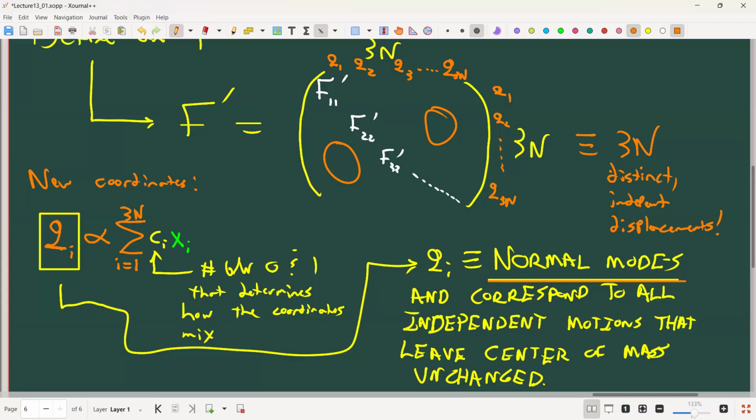Okay, so what we've done now is we've constructed an independent, like collective set of motions that all combine that lead to a potential energy that just looks like an independent sum of diatomic molecules of different strengths.